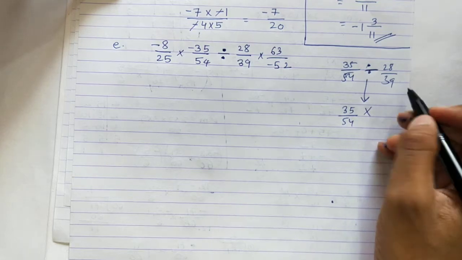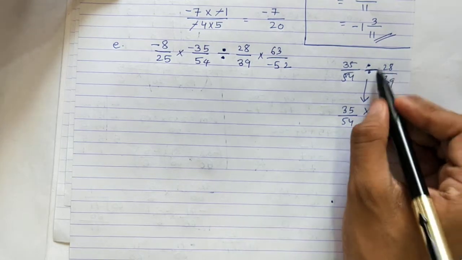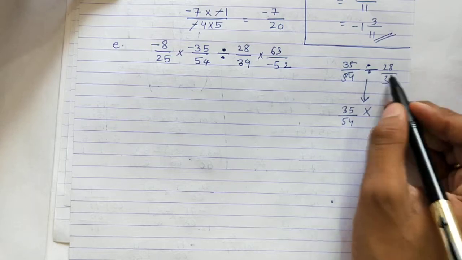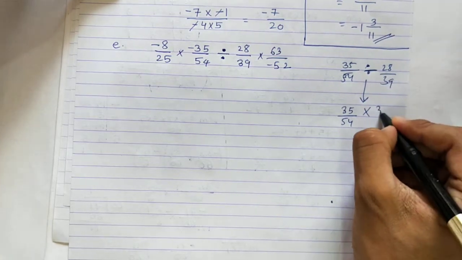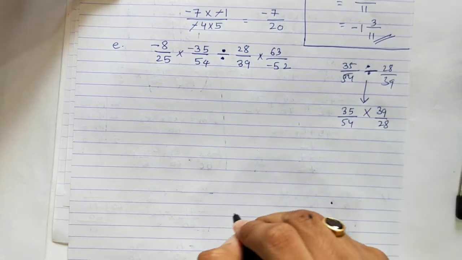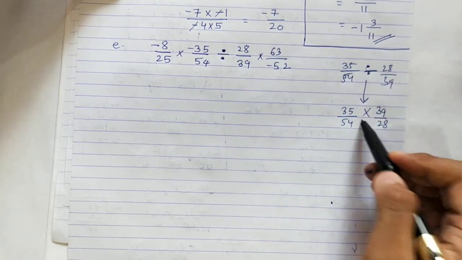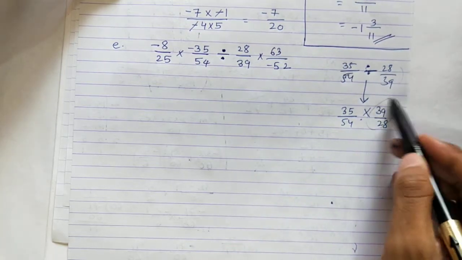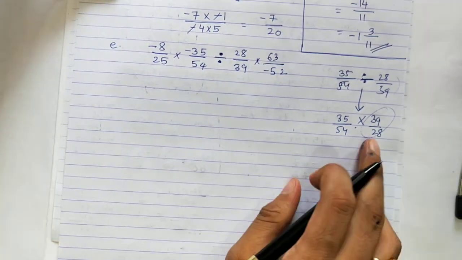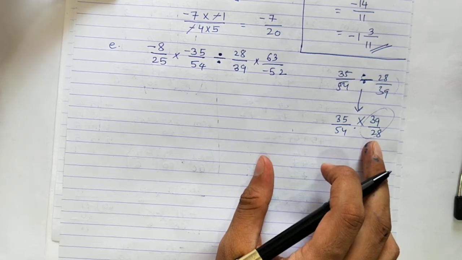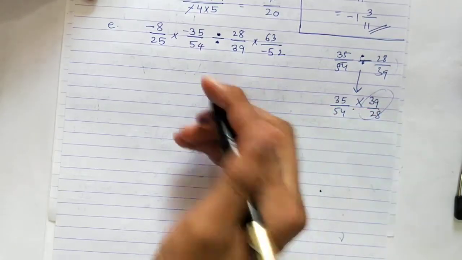What changes do I make? The fraction which is there after the division sign, this fraction will get reciprocal. This fraction will become 30 upon 28. Whenever I change the division sign into multiplication, this fraction gets reciprocal. Okay, so remember this rule. It was there in exponents also. Let's apply it here.